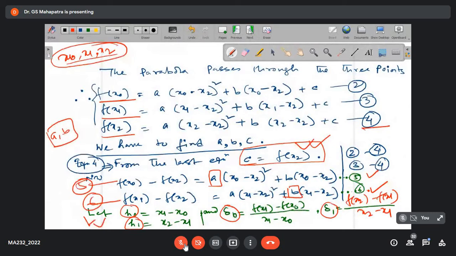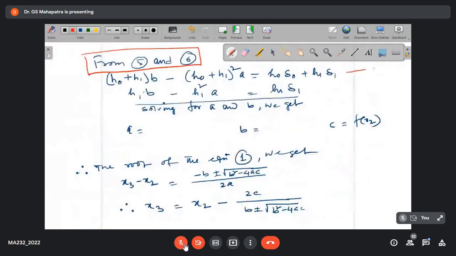This is from equation 5. I should not give the name, but this is equation 6, for your understanding purpose only. I am writing here. Now this is from 5 and this is from 6. So now if you solve for A and B, what will be the answer?